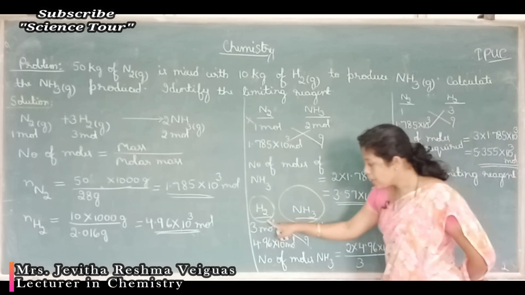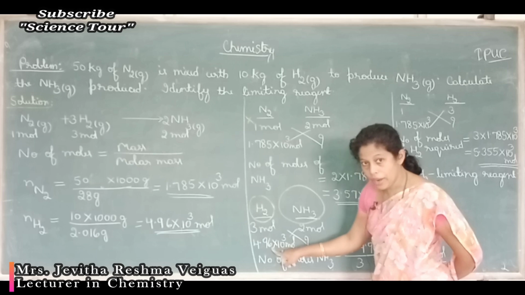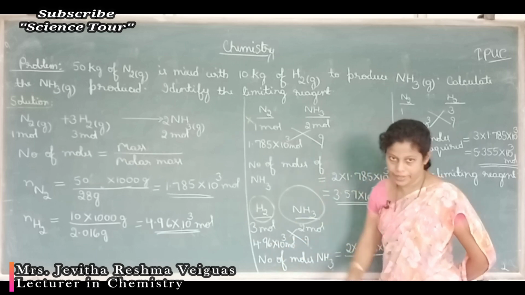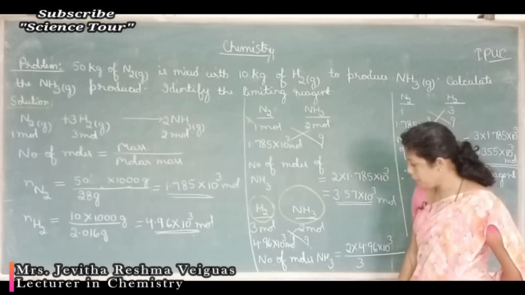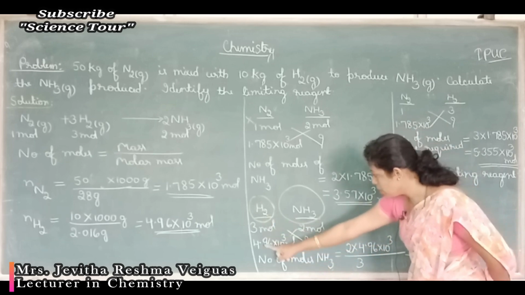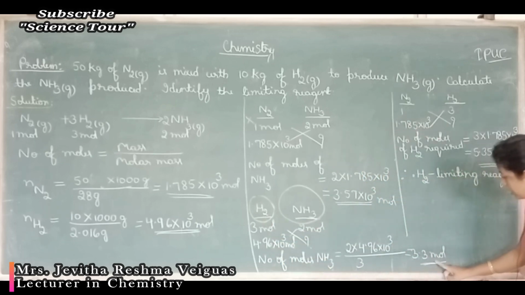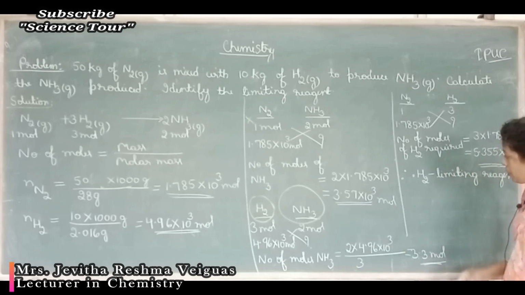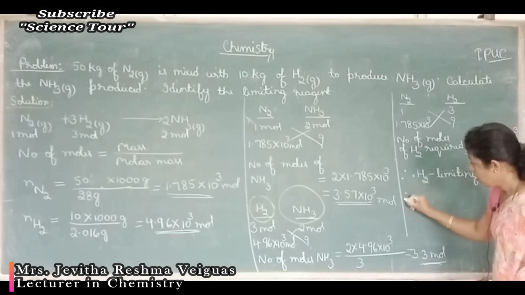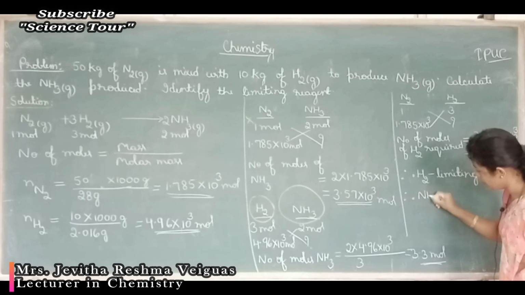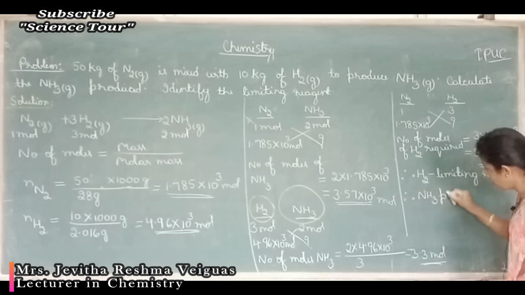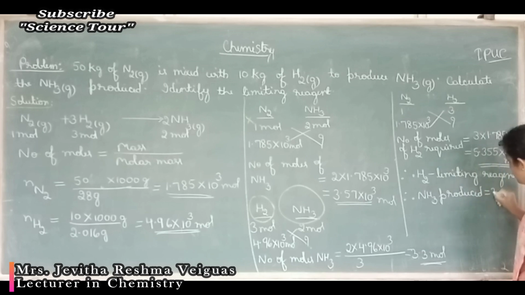Because hydrogen is in less quantity than required, hence hydrogen will decide the amount of ammonia produced. So 4.96 into 10 to the power 3 moles hydrogen will produce only 3.3 moles ammonia. Therefore, ammonia produced is equal to 3.3 moles.